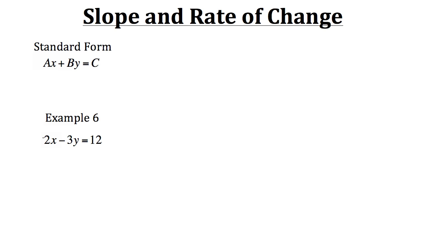Here we have 2x minus 3y equals 12. If we were to graph a function written in this form, the easiest way would be to find its intercepts. If you remember, with intercepts, one of the variables is going to be 0.